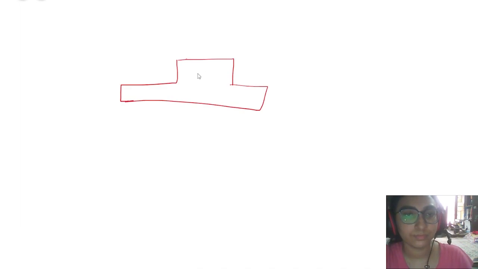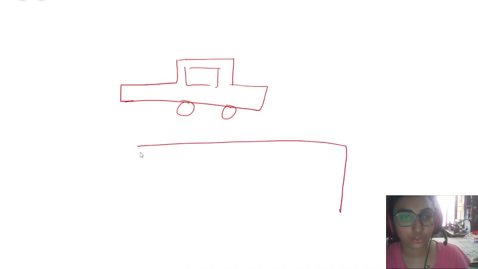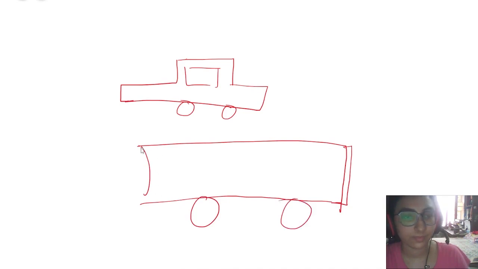One, for example, is a small car, and another one is a large truck. Please pardon my drawing, it is not that appealing. Okay, so this is a car and this is a truck.